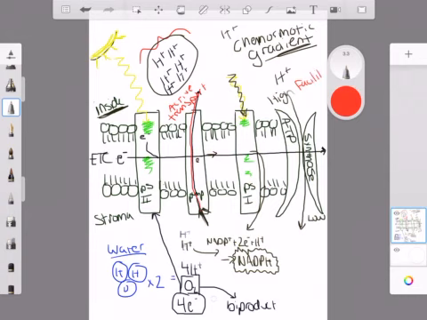I don't have enough room. That's messy, but there's supposed to be a D on the end of that. Facilitated diffusion over here. Active transport was over in the pump. Now we're talking about facilitated diffusion.